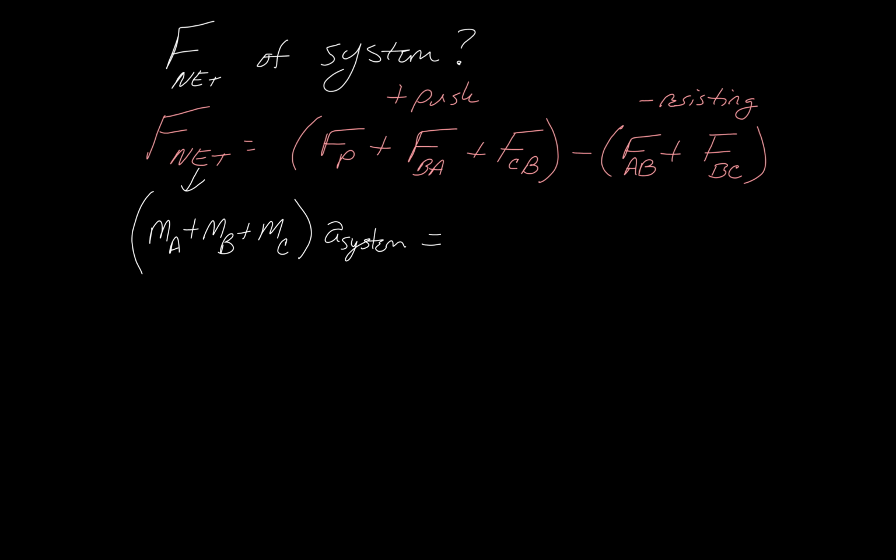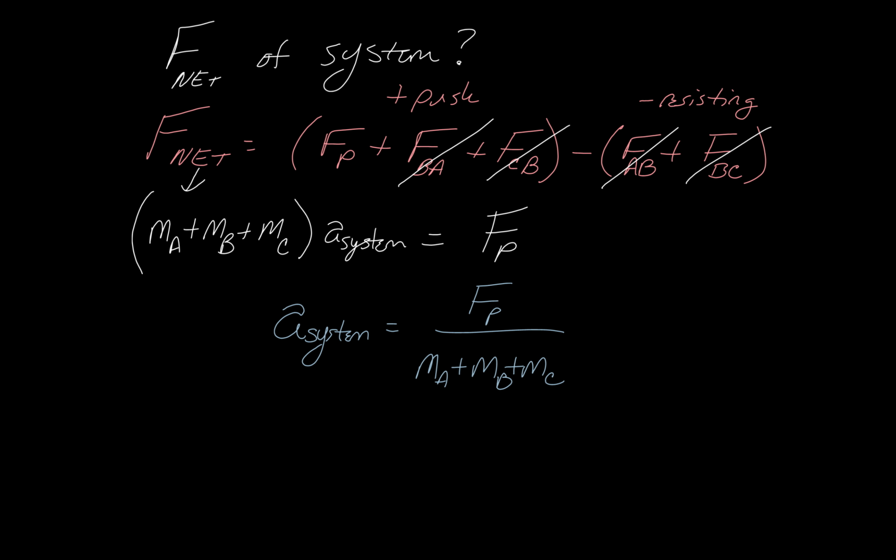And we're going to set that equal to, well, BA and AB go away because of Newton's third law. CB and BC go away because of Newton's third law. And of course, the net force acting on the system is just the pushing force. So we can use this net force equation to figure out what the acceleration of the system is. It's just the pushing force divided by the sum of all three masses together.